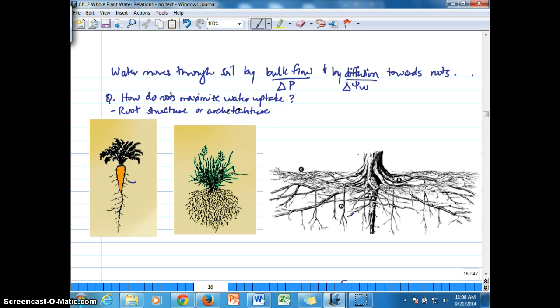So for example, here we're looking at a eudicot, which has a taproot system, which you might recall is effective for accessing deep water sources, deeper at least, versus a monocot plant, which has more of a fibrous root system.